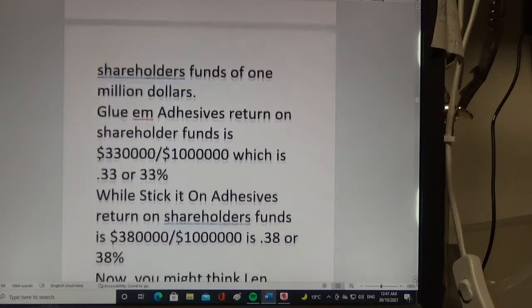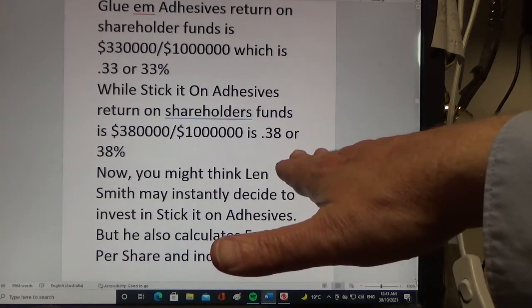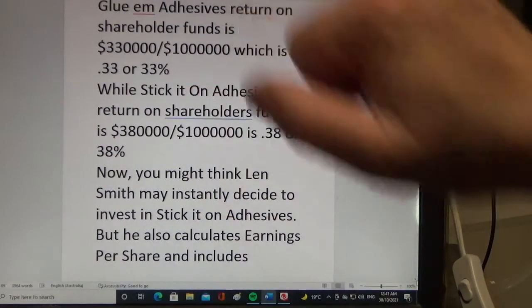While Stick-It-On Adhesives return on shareholder funds is $380,000 net profit after tax divided by that figure for shareholder capital, which is 0.38 or 38%. So that's a higher return on shareholders' funds than the other company.